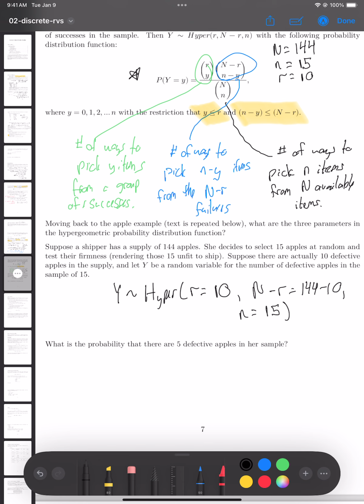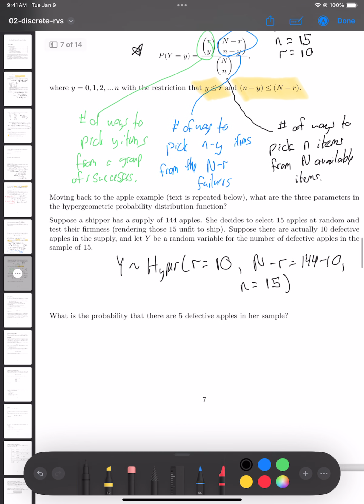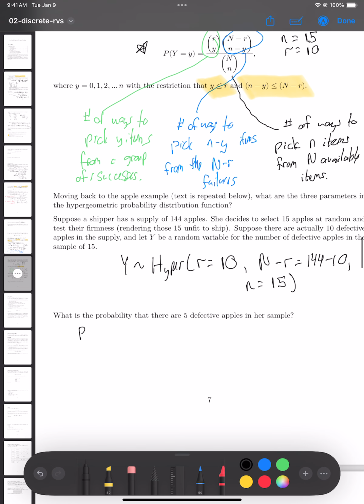So that is the way this hypergeometric distribution is parameterized. And then we could use this to figure out, for example, the probability that there are exactly 5 defective apples in the sample of 15. So probability that y is equal to 5. We could just plug in 5 for y.